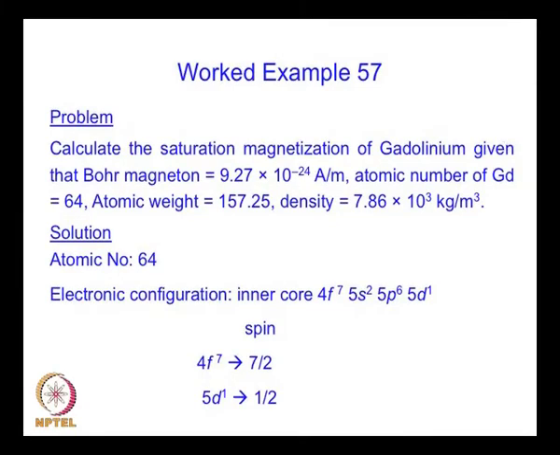Gadolinium has an atomic number which is 64 and an atomic weight which is 157.25. It has a density of 7.86 into 10 to the power 3 kilogram per meter cube.